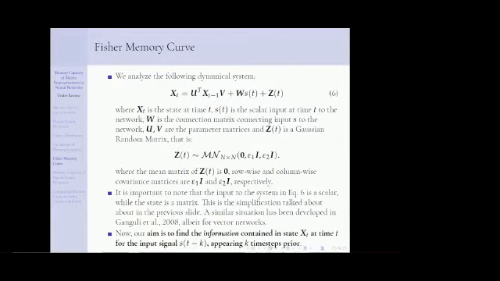So now we come to our first aim: to define what a memory capacity can be for such a network. Our aim right now is to find the information contained in state xt at time t for the input signal at k time steps prior.